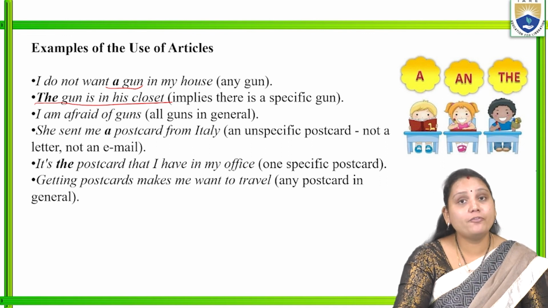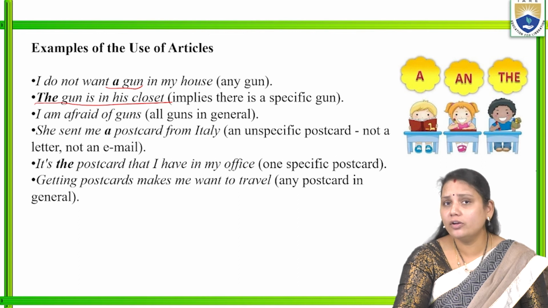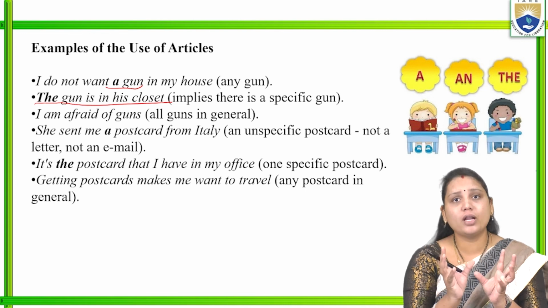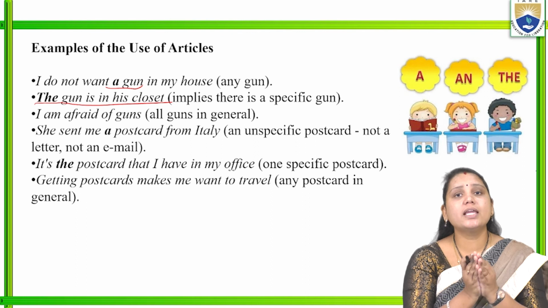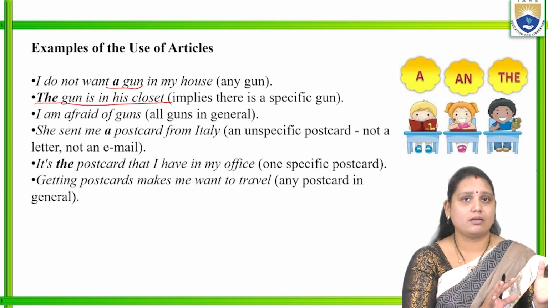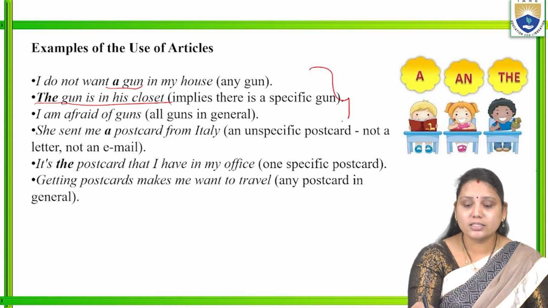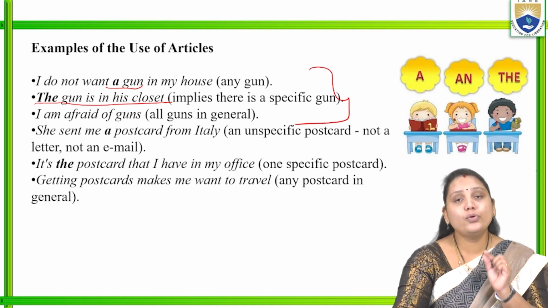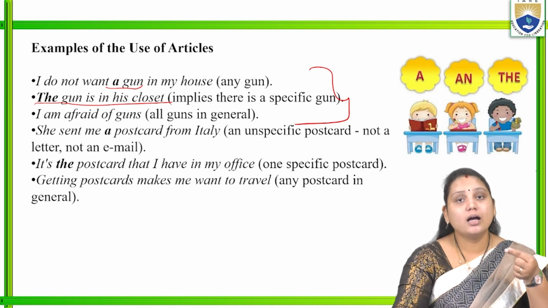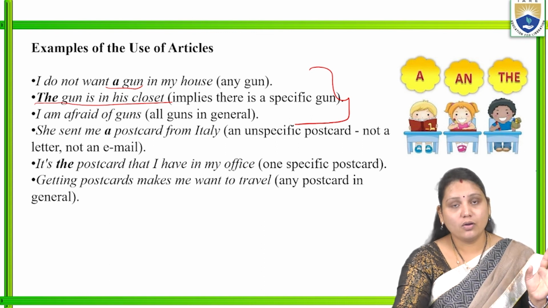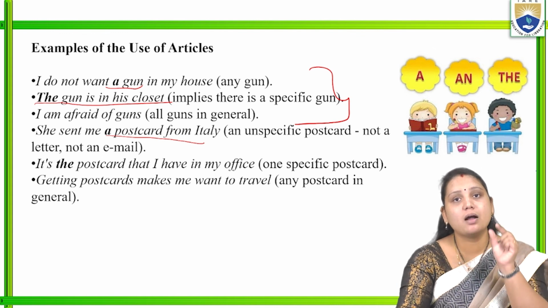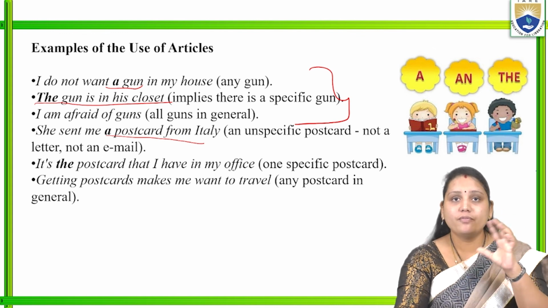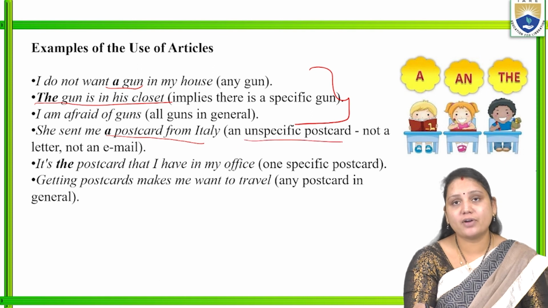Next, I am afraid of guns. Why are you not using an or the here? I am afraid of guns. That is plural form. Here any gun, anything, I am afraid of it. So you are not using either a, the or an. So understand this clearly: how to use a, the or no article. Next, she sent me a postcard from Italy. An unspecified postcard.